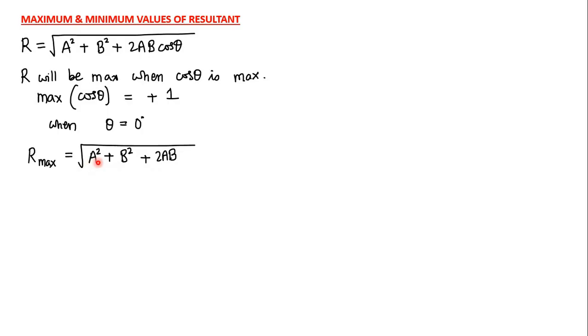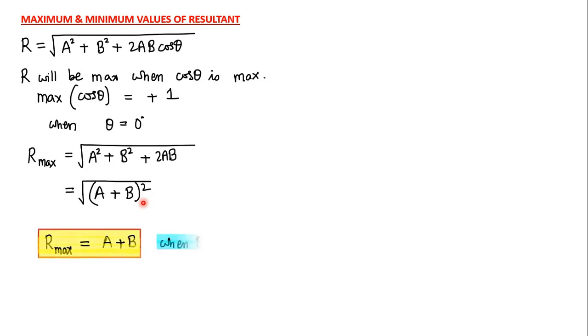But we notice that a square plus b square plus 2ab is nothing but the expansion of (a plus b) whole square. So this is root of (a plus b) whole square, and root and square cancel, and we get the final answer as a plus b. So the maximum resultant is simply a plus b, the sum of the magnitudes.